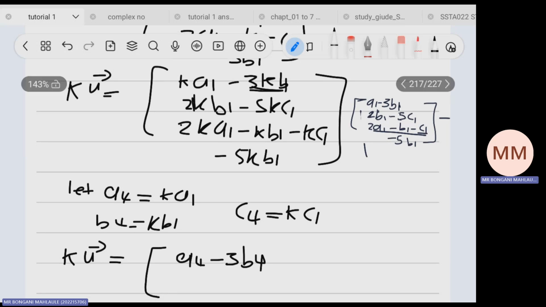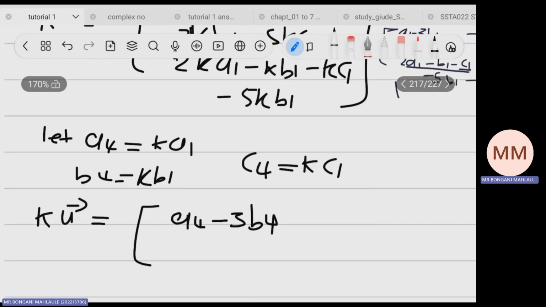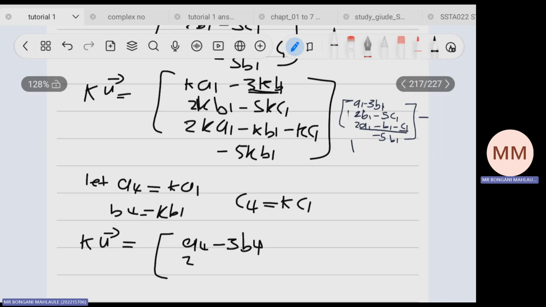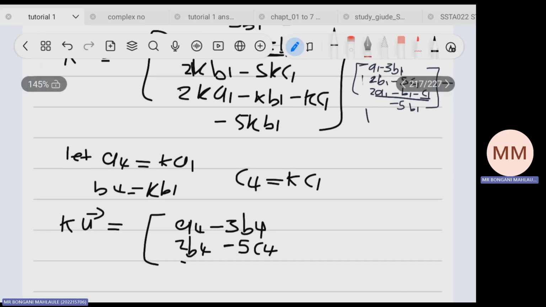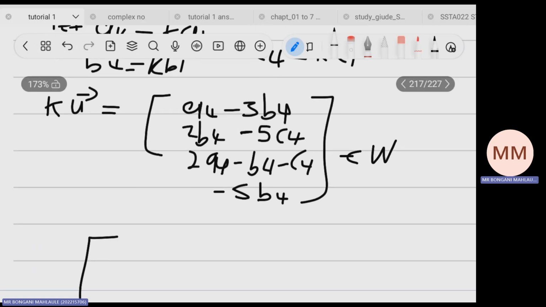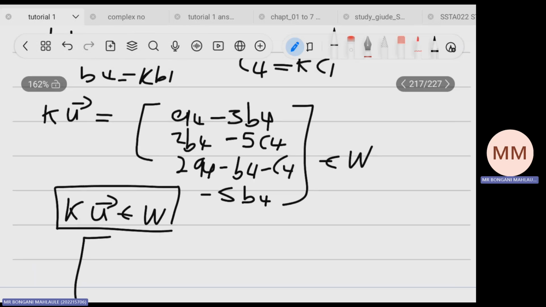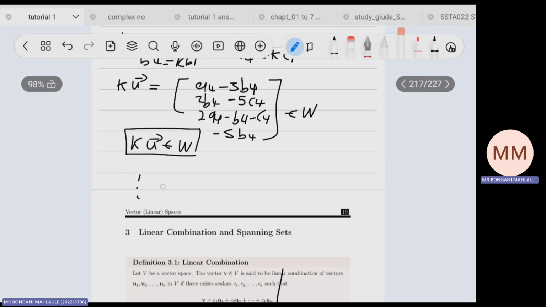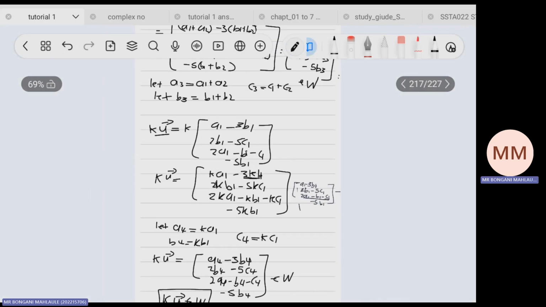Since we said B4 is KB1, then you will have 2B4 minus 5C4, then 2A4 minus B4 minus C4, and negative 5B4. You'll have this, and this is an element of W. So we can just say KU is an element of W. So the third condition also holds. Therefore, W is a vector space.